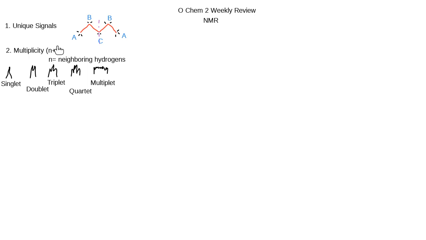Again, this is known as multiplicity, and it has a formula, n+1. It should be fairly simple, so please don't forget this formula when calculating multiplicity. Okay, and we're going to apply multiplicity to this structure.